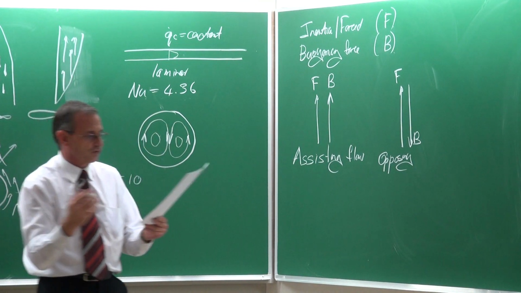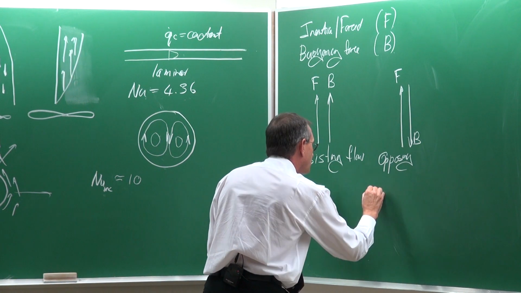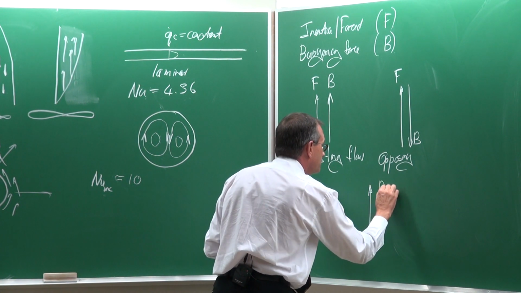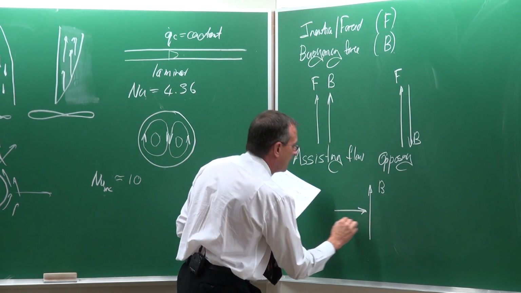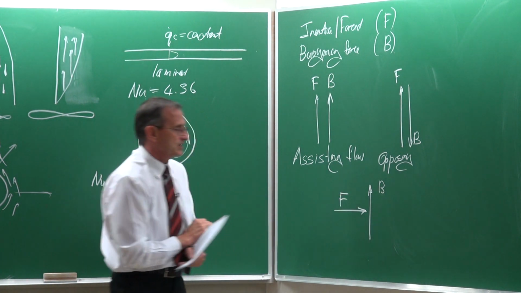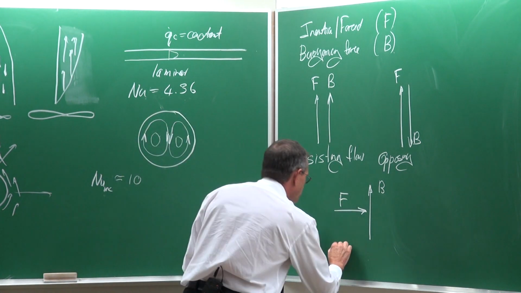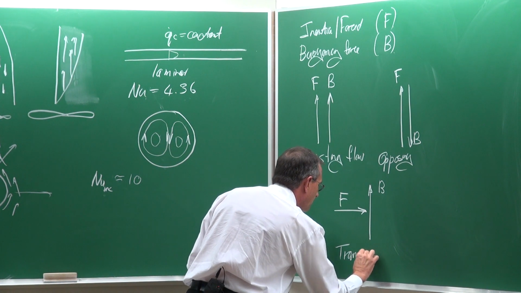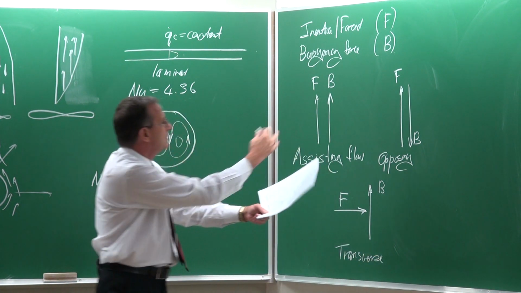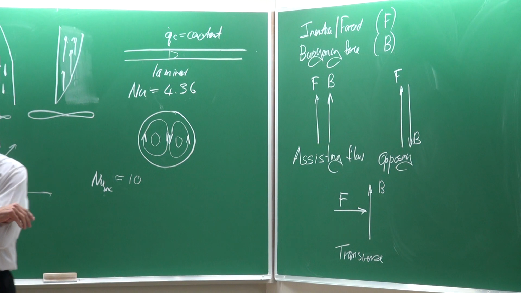And the third category is transverse. So that would typically be the buoyancy force in that direction and the inertial force in that direction. Okay, so transverse. And you'll see in the textbook that they are being described not as I'm doing here, I'm just doing it more schematically. But those are the principles.